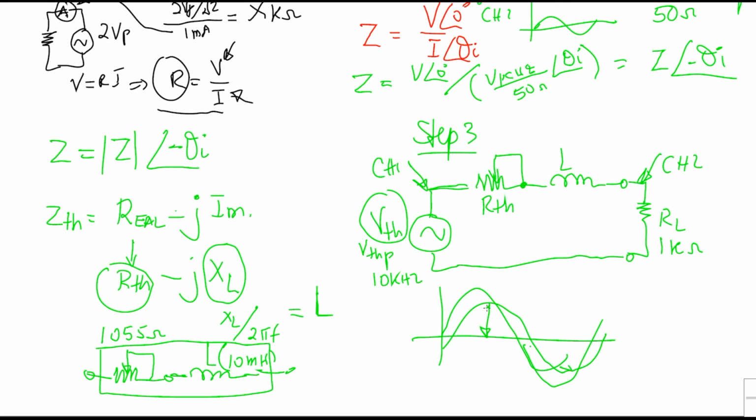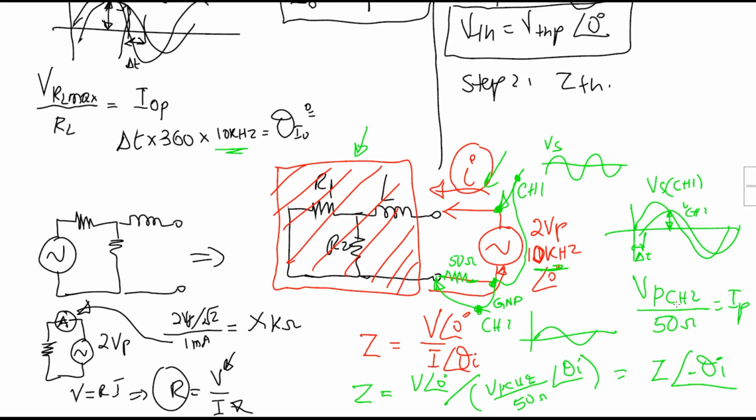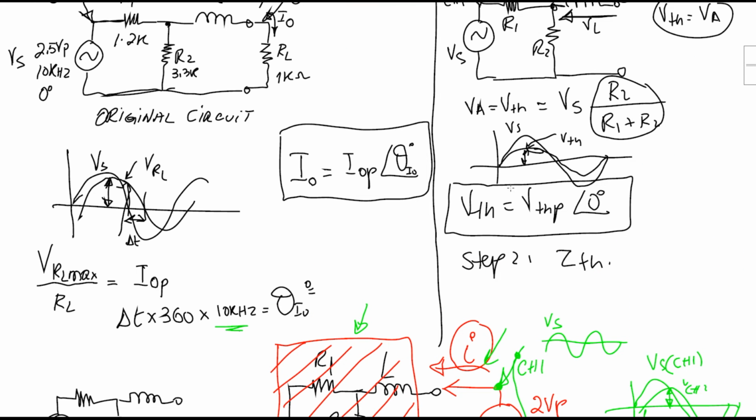This here is channel number 2. The peak of that divided by 1 kilo ohm will give us I peak, and its angle, this theta here. So we should end up with the same value found at the beginning, which is this value here.